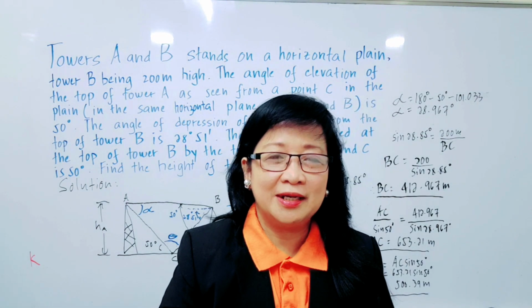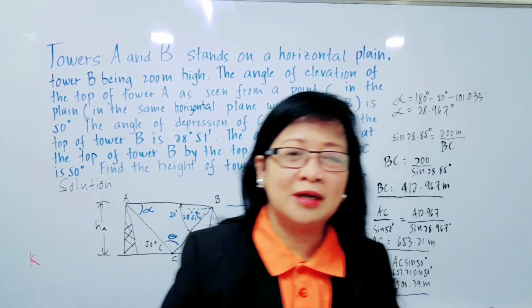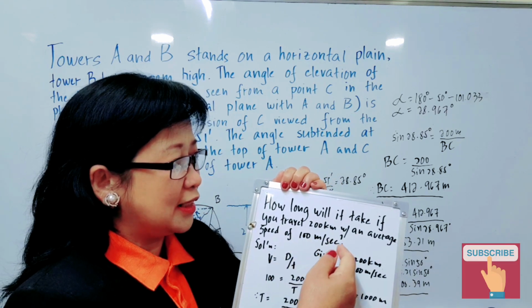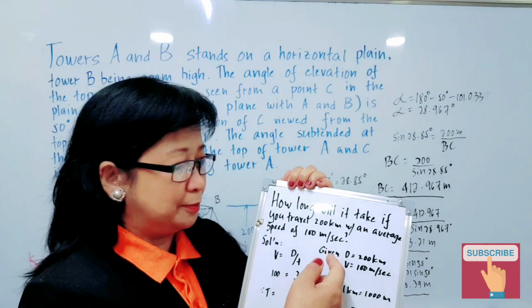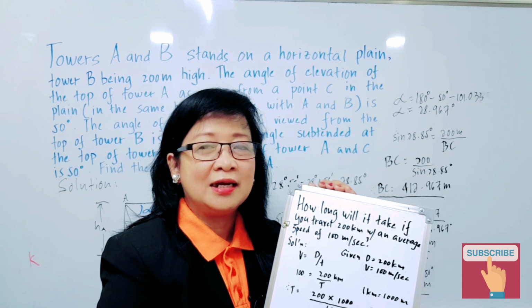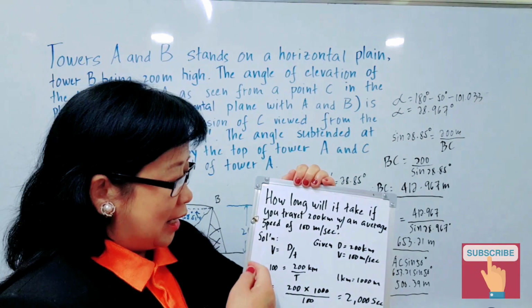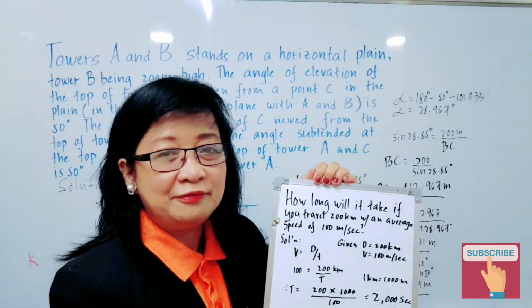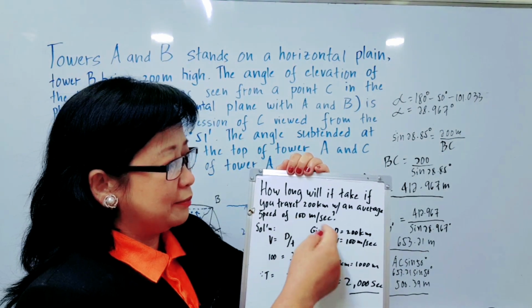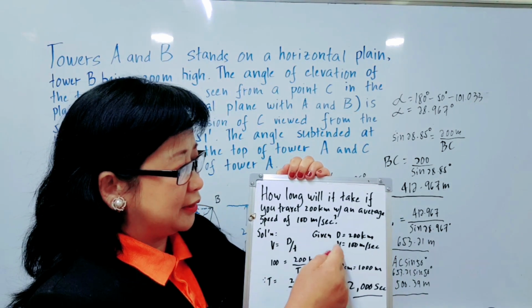Guys, bago nga pala ako mag-end ng video ko, ibigay ko muna sa inyo ang sagot ng question ko nung last premiere. How long will it take if you travel 200 km with an average speed of 100 meters per second? Unfortunately, maraming sumasagot, kaya lang, iisa lang talaga ang nanalo. Now, ibigay ko muna ang solution bago ko i-announce yung winner. Ang solution dito, ang gagamitin na formula is speed equals distance over time. We have the given distance, 200 kilometers, and speed, 100 meters per second.